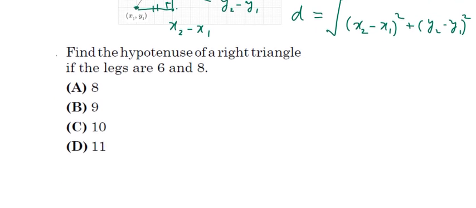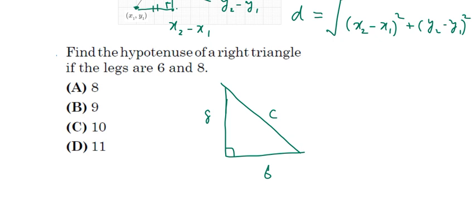So these problems are very easy. Like we want to find the hypotenuse of a right triangle. If the legs, so we call the two sides legs, are 6 and 8, then what is the hypotenuse C?